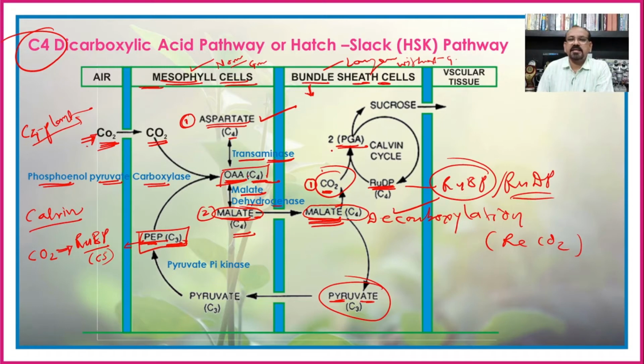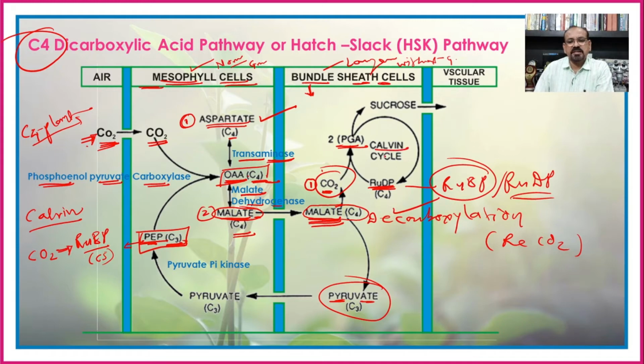As we have seen in the Calvin cycle, there is formation of 3-phosphoglyceraldehyde from 3-phosphoglyceric acid, and out of the 12 molecules of 3-phosphoglyceraldehyde, 2 molecules are utilized for the formation of the hexose sugar, the fructose, glucose or sucrose, and the rest of the 10 molecules are recycled into the formation of ribulose 1,5 bisphosphate.